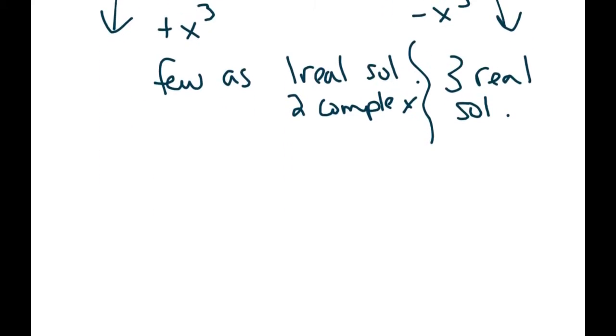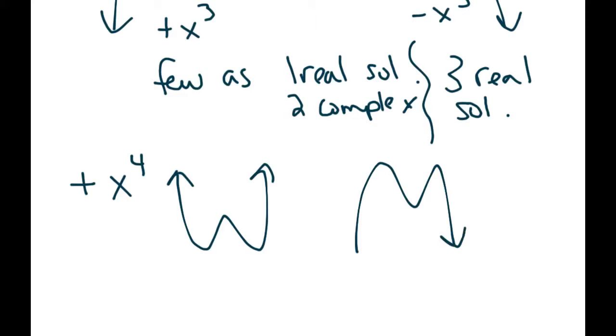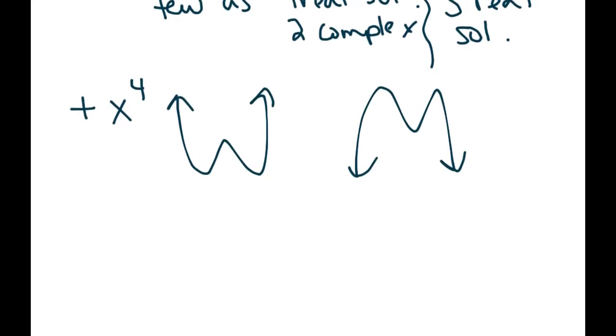Quartic functions, polynomials of degree 4, are m's or w's, but they could also be parabolas. Here's the thing, because both ends open up or down, there's the possibility that it could have 4 complex solutions. That means it never hits the x-axis at all.